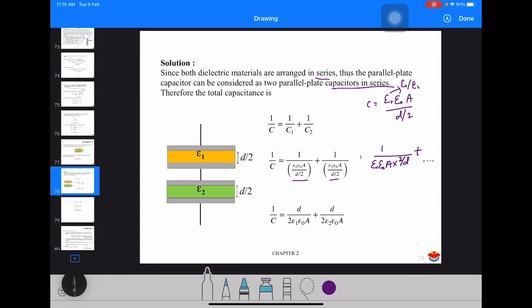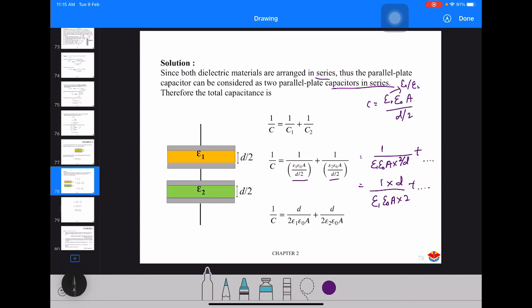And then because this one is still 1 over something, I can flip that one again, and it becomes epsilon 1 epsilon naught A multiplied by 2 D up here. Again, the same applies for the second term. So I'm going to show you just one term, it's basically the same.